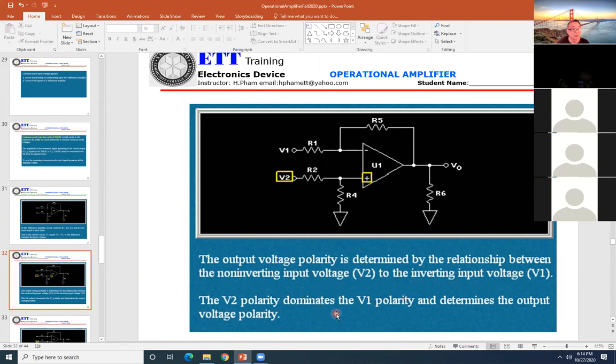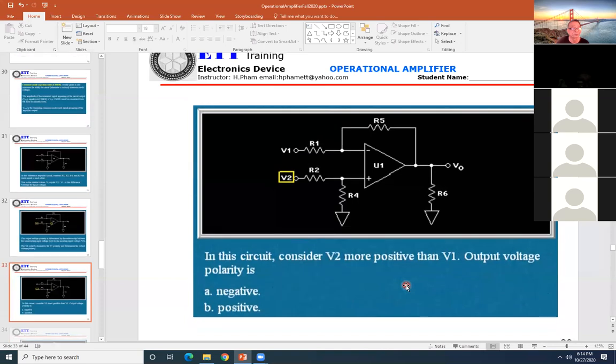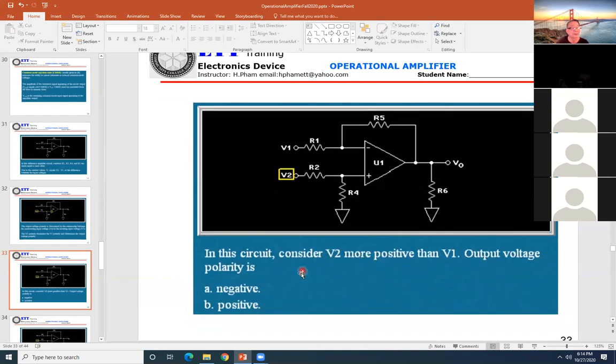Output voltage polarity is determined by the relationship between the non-inverting input voltage and the inverting input voltage. The V2 polarity dominates the V1 polarity and determines output voltage polarity. Now, in this circuitry, consider V2 more positive than V1. Output voltage polarity: A negative, B positive.